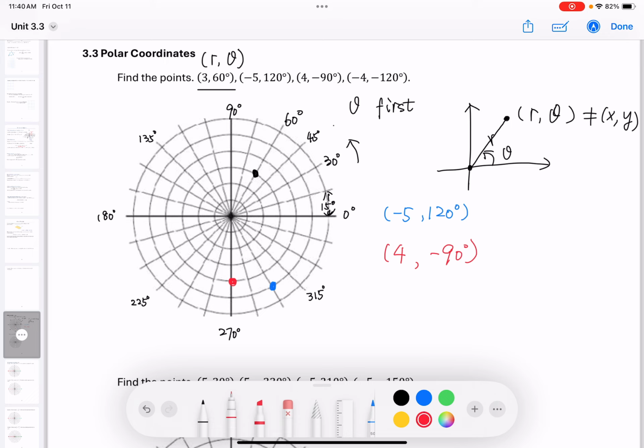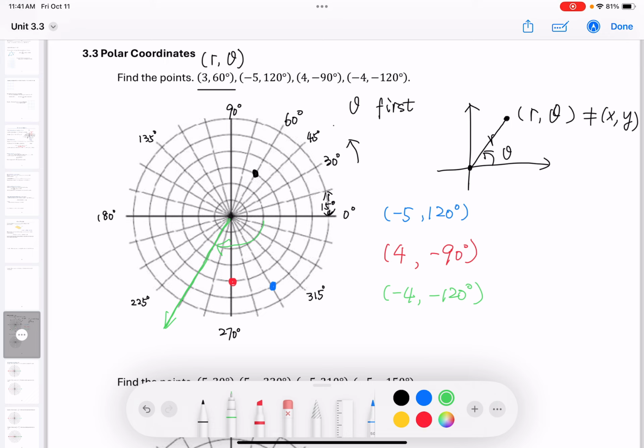Okay, let's see the last one. Let's pick green. The last one is (-4, -120 degrees). We always start from the angle, so where is -120 degrees? Here, I'm rotating this way. The terminal side is here in green, and r is -4.